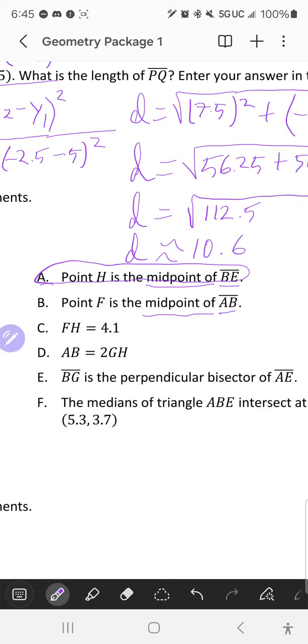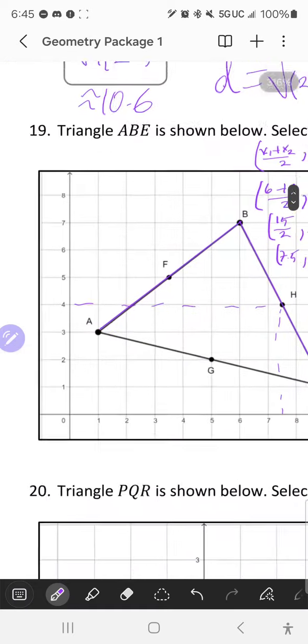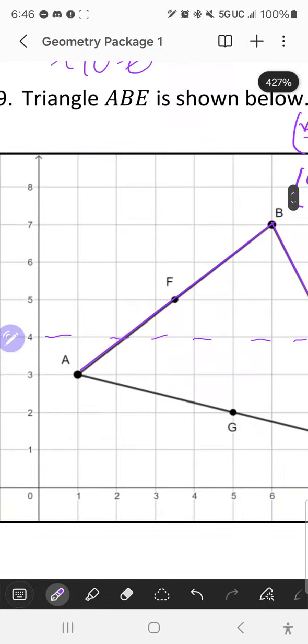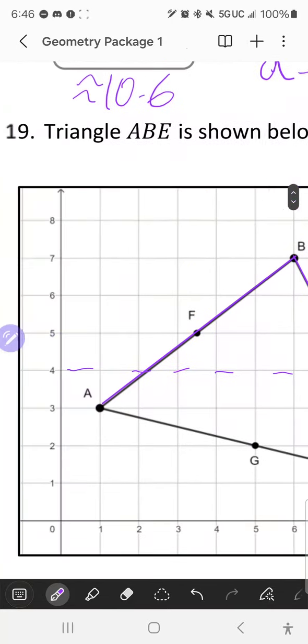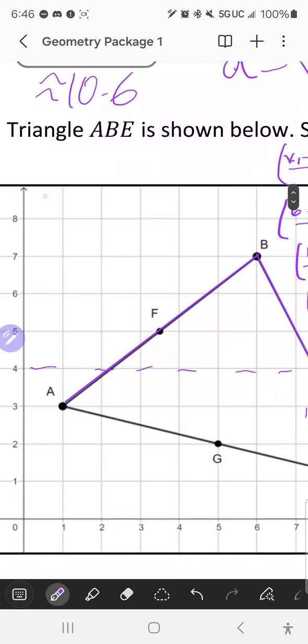So this is a true statement. Now let's calculate F. Here we have the same formula. I'm not going to write it again. Our x1 is 1, x2 is 6, so 1 plus 6 divided by 2, comma, 3 plus 7 divided by 2.